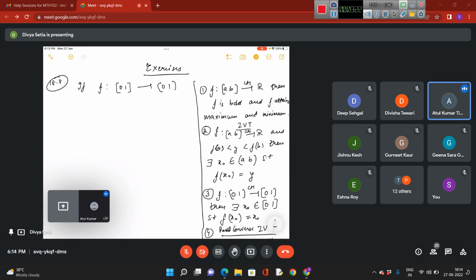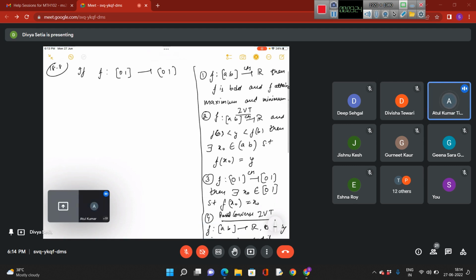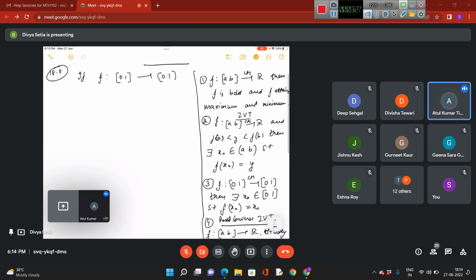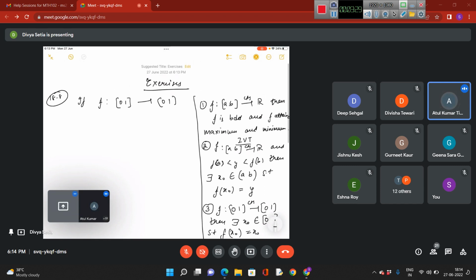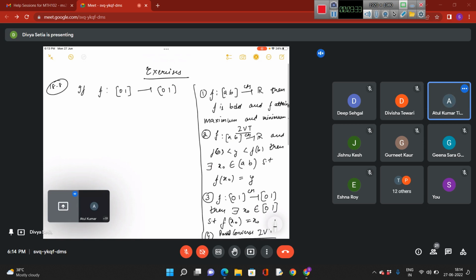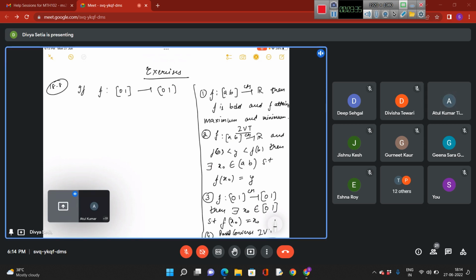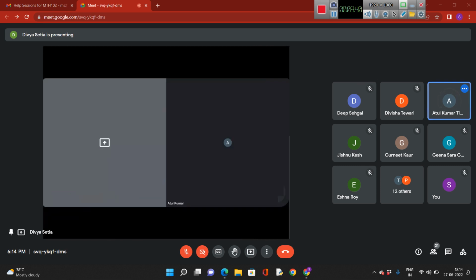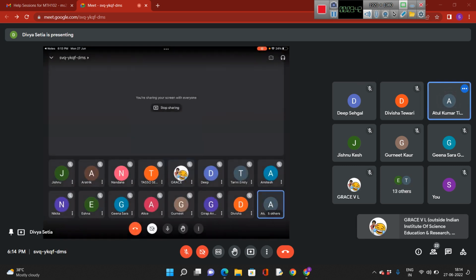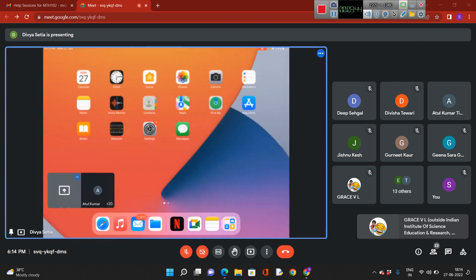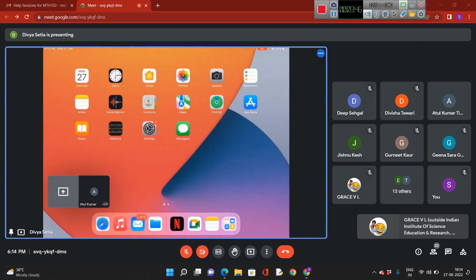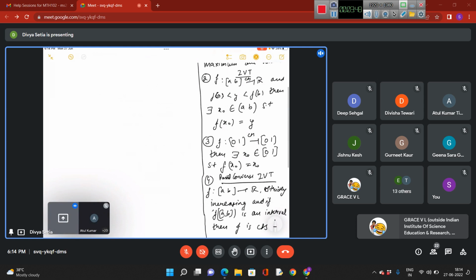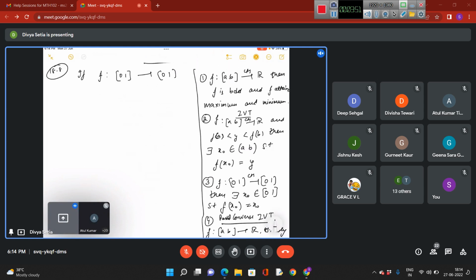Excuse me. So I had a doubt. Is the intermediate value theorem only applicable for 0, 1 to 0, 1 or any other intervals too? For intermediate value theorem, you have general AB, a closed and bounded interval, not just 0, 1.